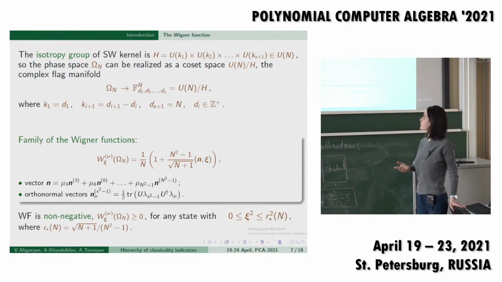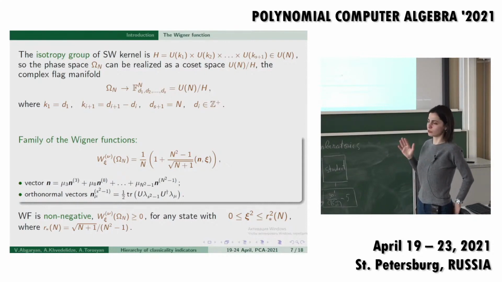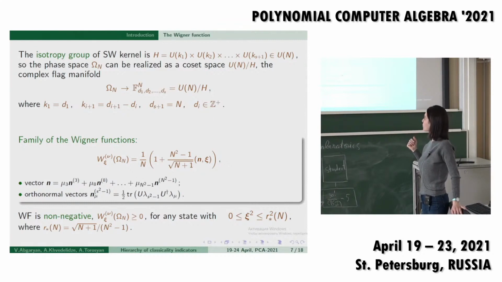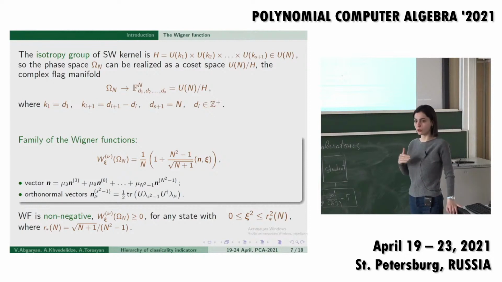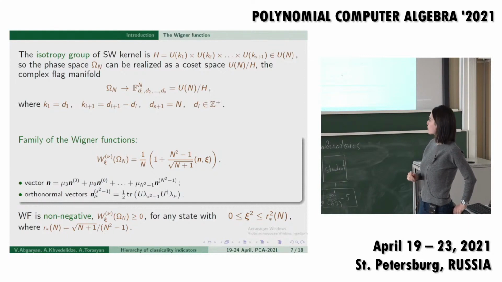One can realize the phase space as a complex flag manifold, where this is a sequence of positive integers with some n, and so the family of the Wigner functions may be presented in this form.